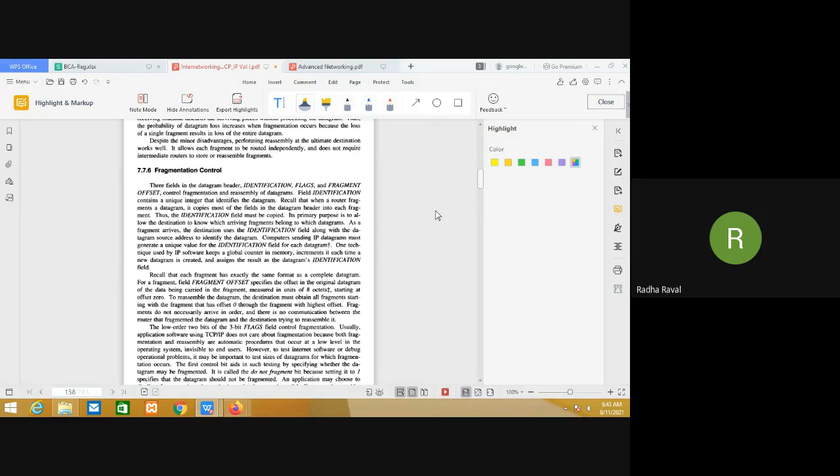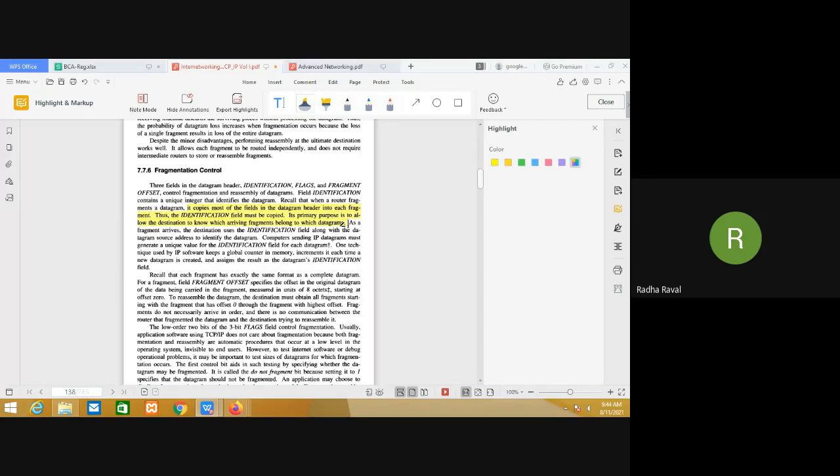It must be copied. The primary purpose is to allow the destination to know which arriving fragment belongs to which datagram. Another important thing is that lots of datagrams come to the router, so the router has to know which datagram this fragment belongs to.